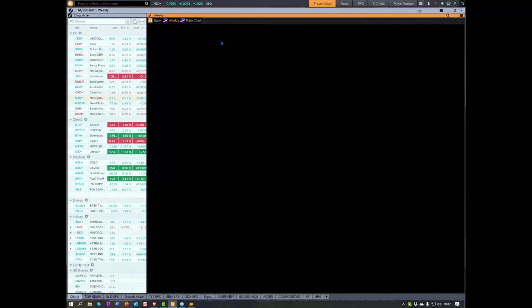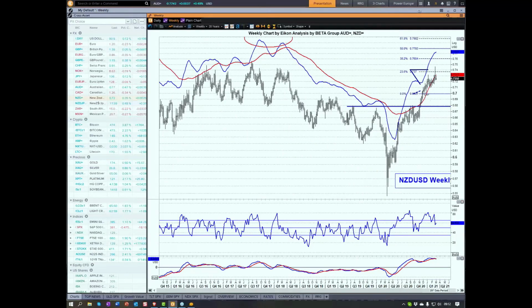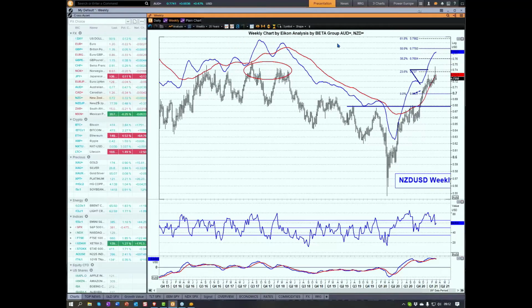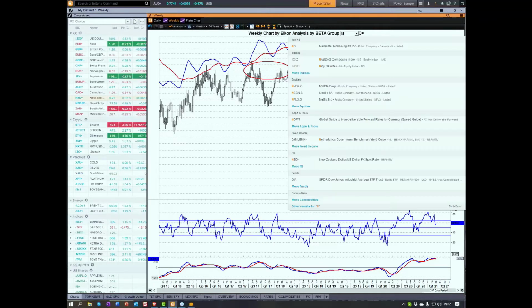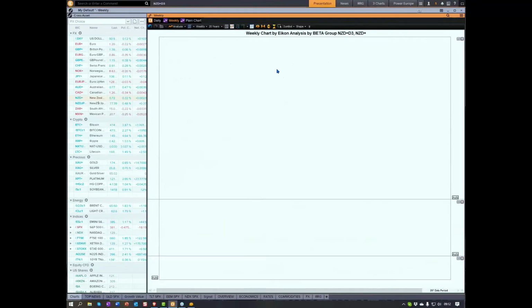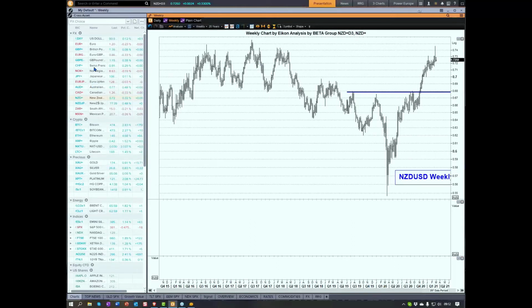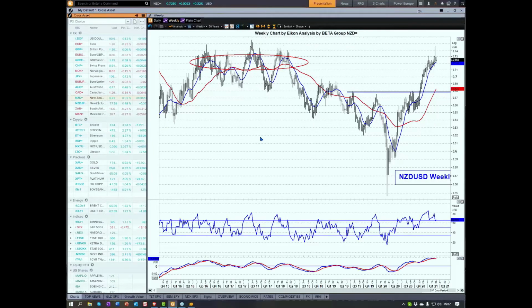Okay, so again, glance at the weekly firstly. We had powered ahead very, very strongly, but again, I don't know why my cigar has moved away like that, but there it is up there. Okay, here we are now.